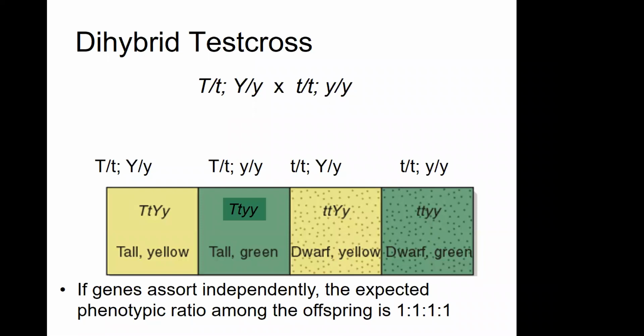With the dihybrid cross, you're going to end up just doing it twice. You're going to get 1 to 1 to 1 to 1. You're doing the same thing. You're taking a double heterozygote with a dominant phenotype and crossing it to a homozygous recessive, but for 2 traits, and you're going to get 4 phenotypes, and they're all going to be equal. So we say that they're 1 to 1 to 1 to 1. That's equal.